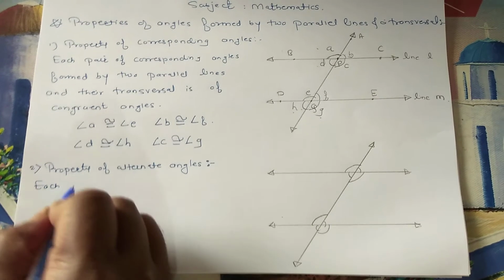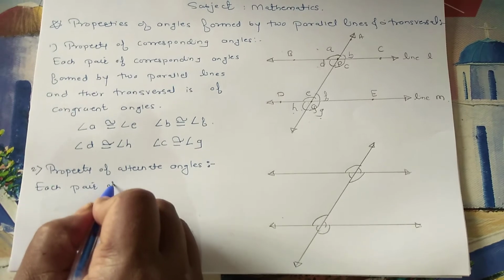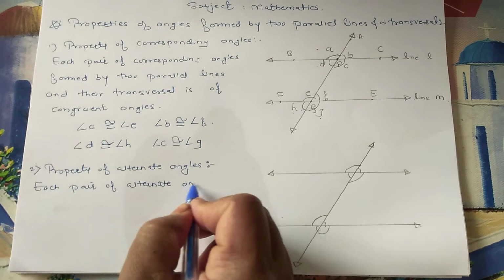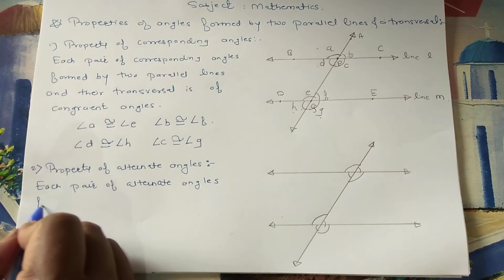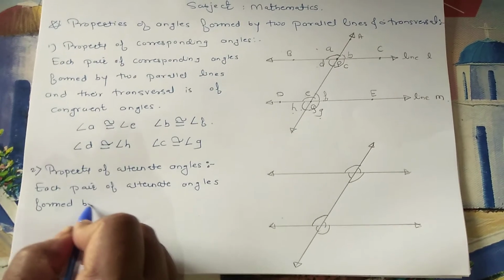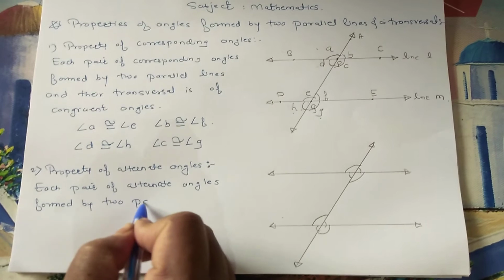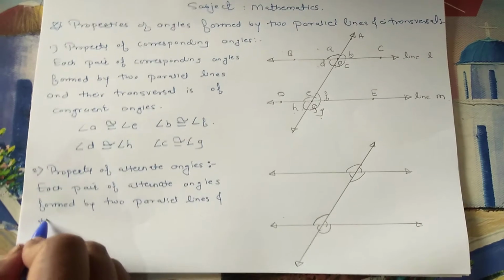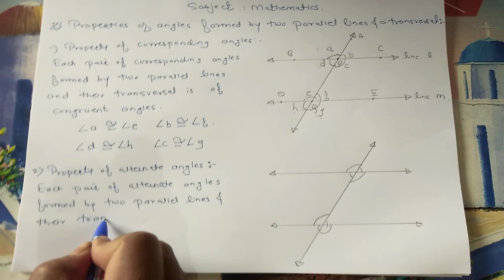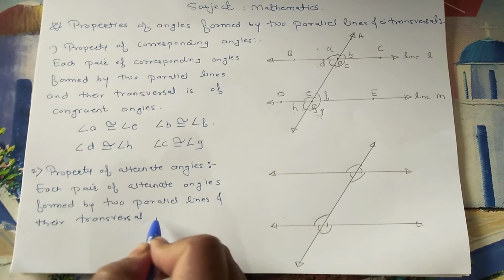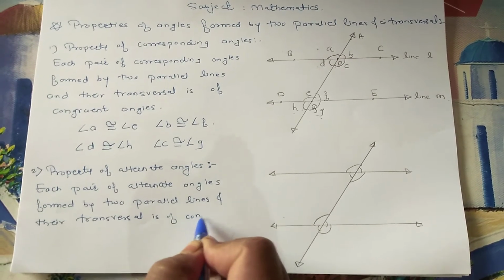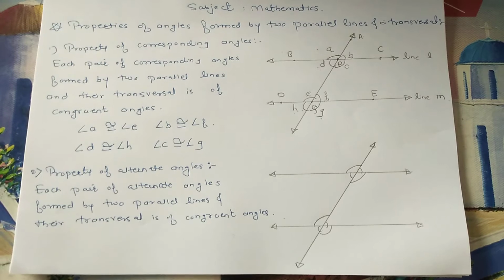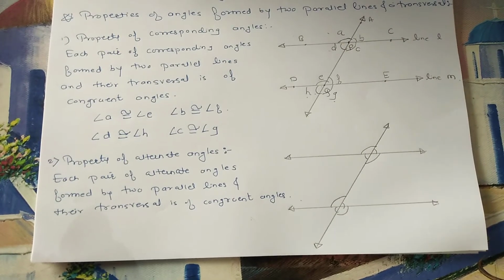That is, each pair of alternate angles formed by two parallel lines and their transversal is of congruent angles. Is of what? Congruent angles.